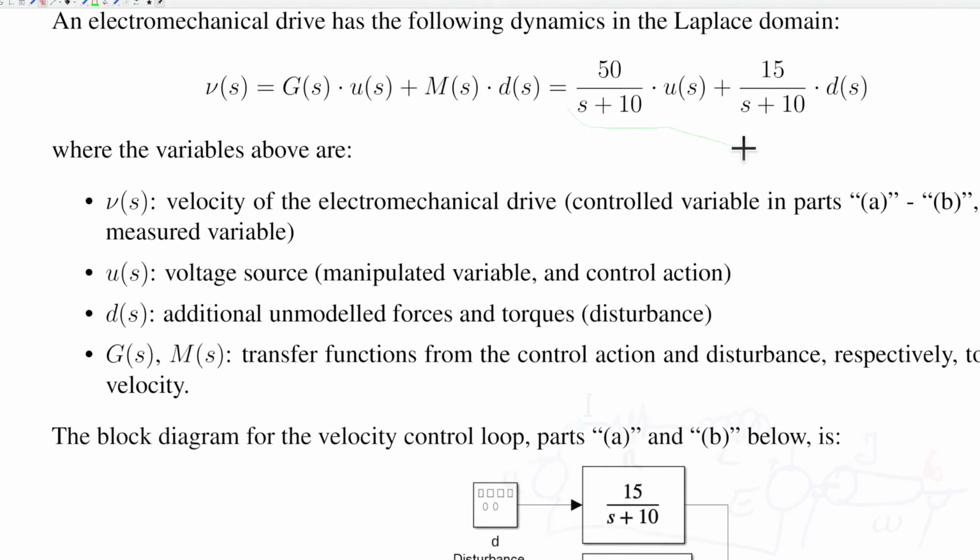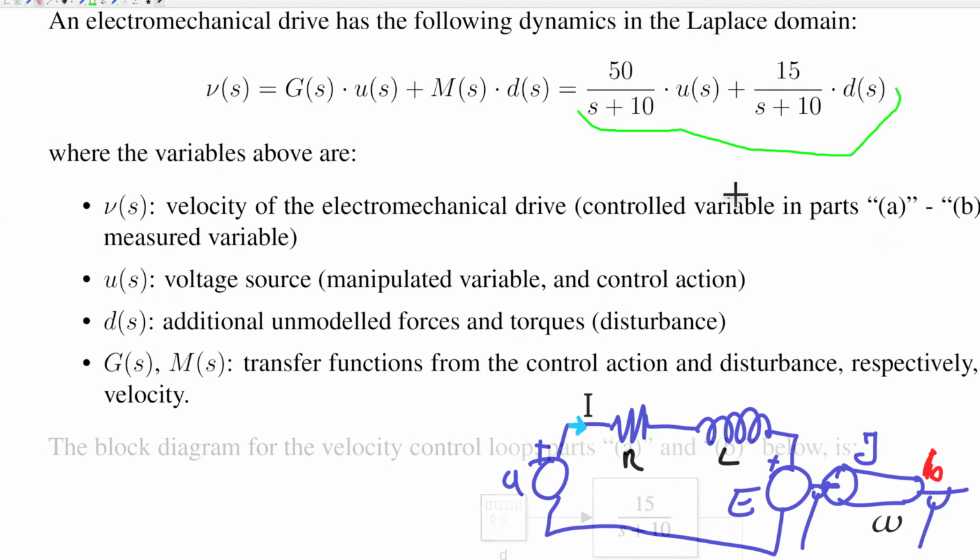The idea is that the equations we have here denote the velocity output of this electromechanical system. This U is the manipulated variable, say a voltage source or whatever. And this D is a disturbance that, in an electromechanical system, may be physically interpreted as some input power source offset or unexpected load or friction or whatever.